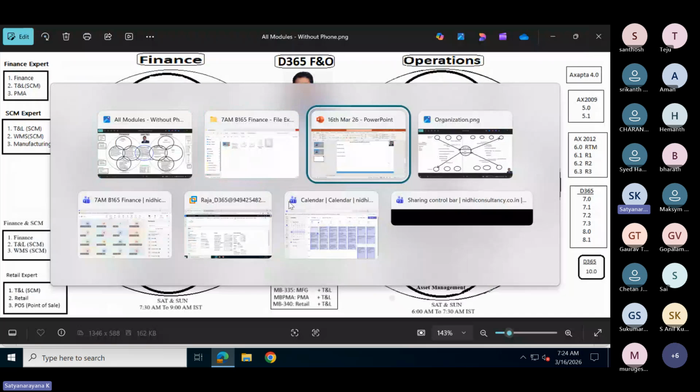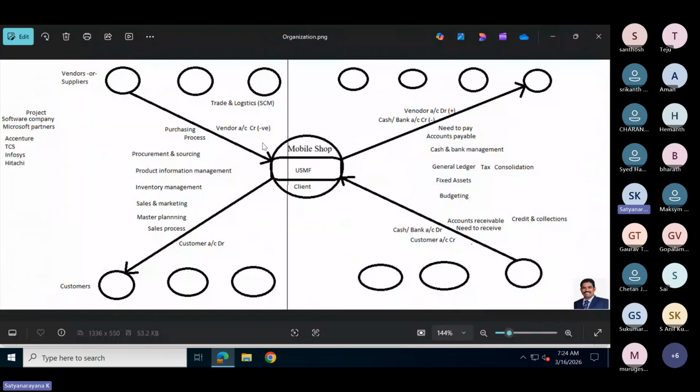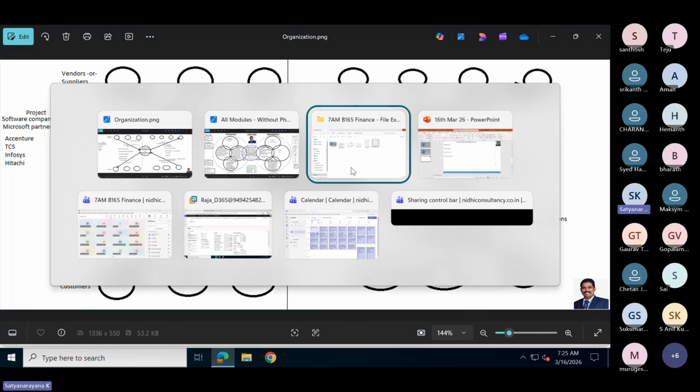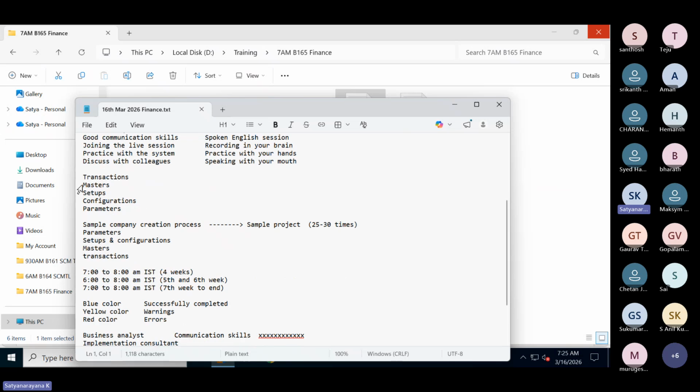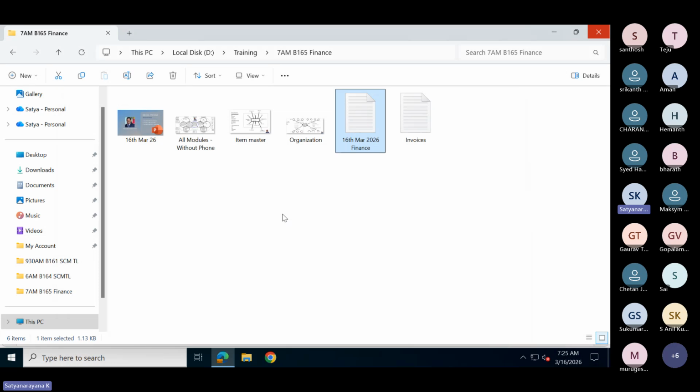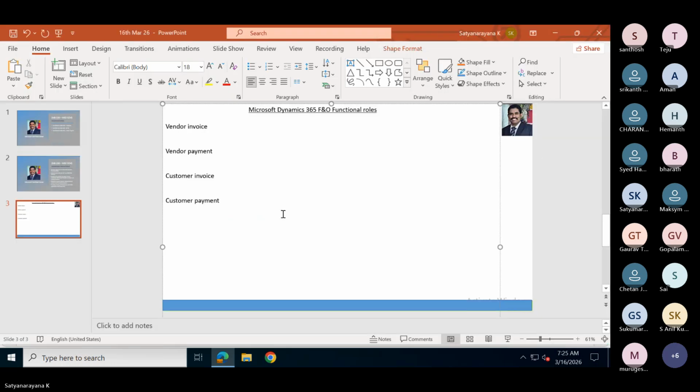You need to learn these 4 topics: vendor invoice, customer invoice, vendor payment, customer payment. These 4 transactions you need to learn. That's what I told you at the very first. I'm going to teach you transactions. So all these are transactions you are going to learn.